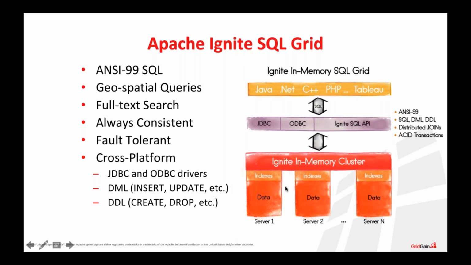And every node stores only a subset of the indexes it is primary or a backup for. Then you can execute SQL queries using Apache Ignite native APIs, available for Java, .NET, and C++ libraries, or you can freely connect using JDBC and ODBC drivers from other technologies, languages and management tools. There are actually no limitations.